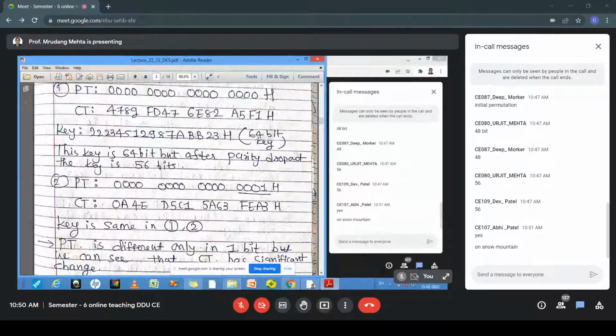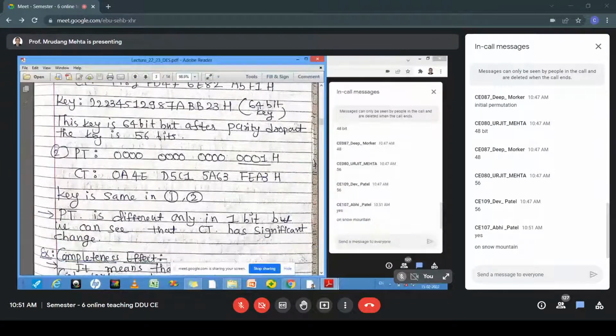So if we compare this ciphertext, there is only a 1 bit change in the plain text, but in the ciphertext there is a huge change, right? These hex values are totally different, and you don't find any similarity here, right?